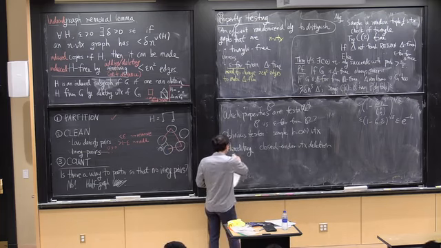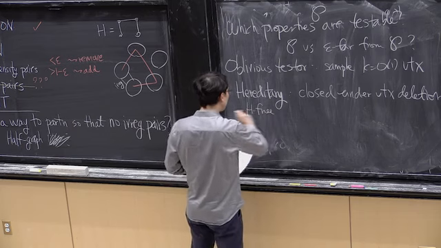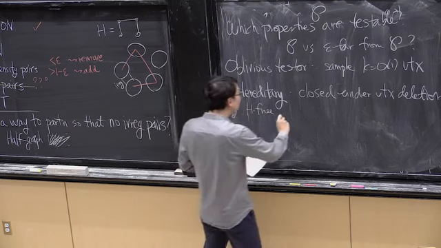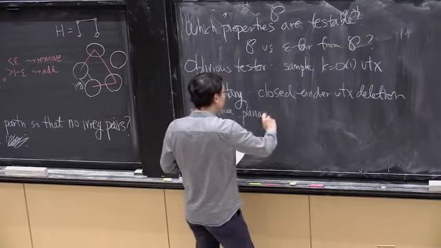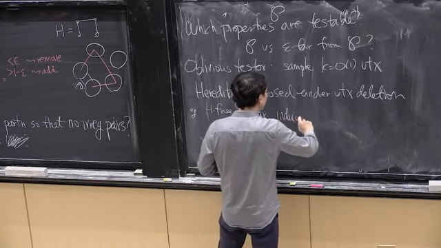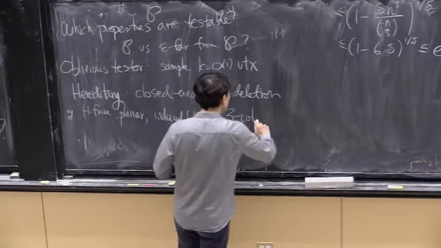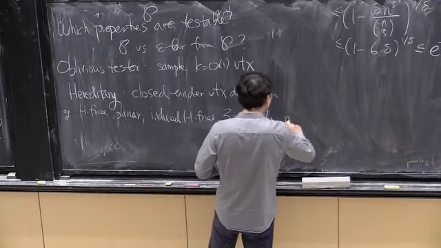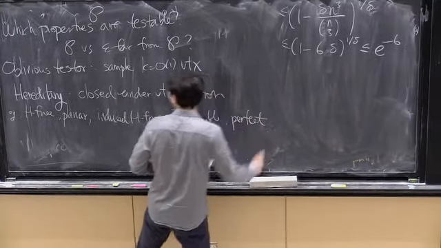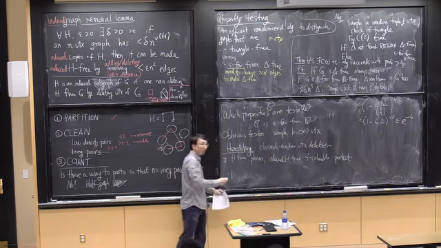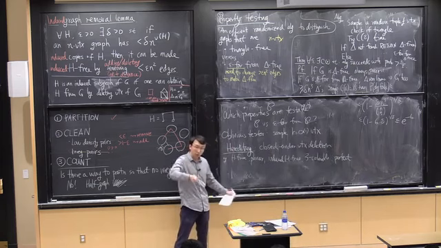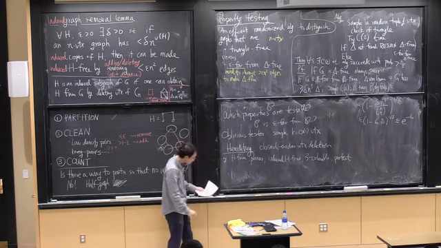So for example, being H-free, being planar, being induced H-free, being three-colorable, being perfect. They're all examples of hereditary properties. If your graph is three-colorable, you take out some vertices, it's still three-colorable.